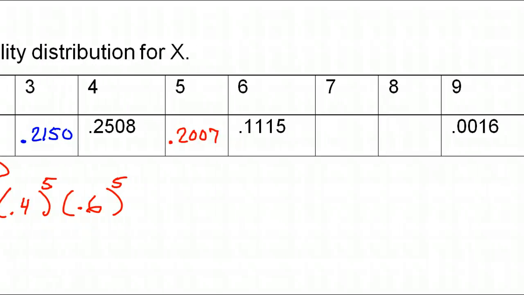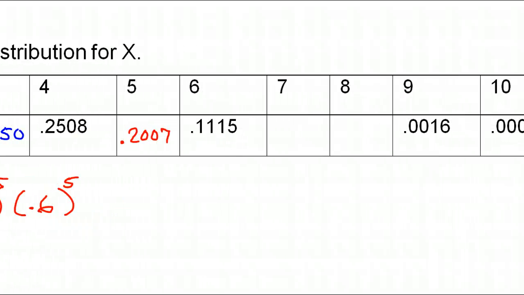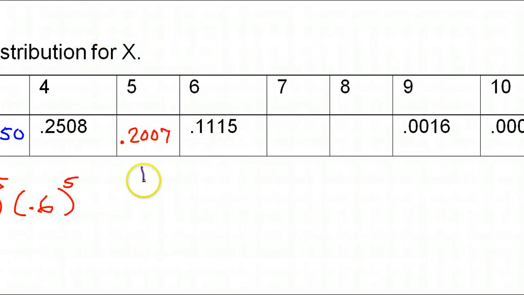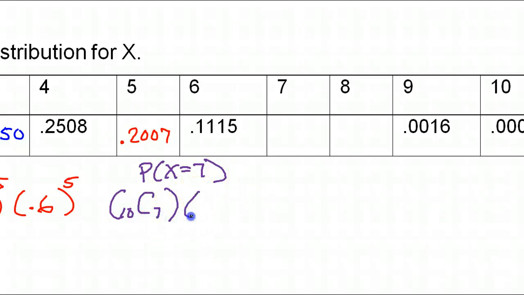Let's move on to the probability that x is 7. 7 Hispanics on the committee. So I'm going to do 10 choose 7. Probability of success, 40%. Number of successes, 7.